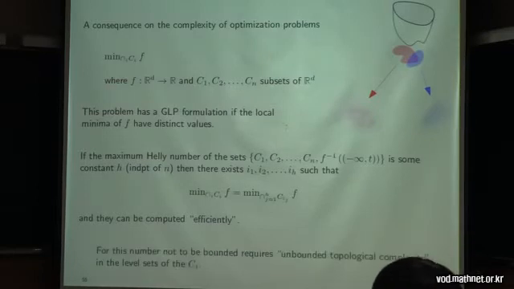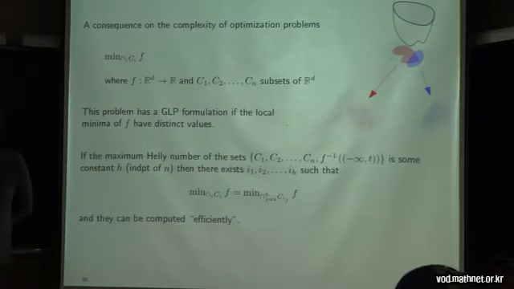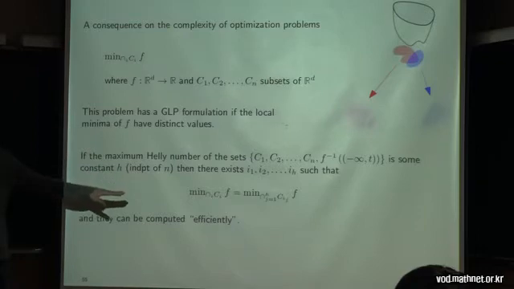What this means is that there is a combinatorial algorithm that will find in linear time a subset of these constraints that determines the optimum.